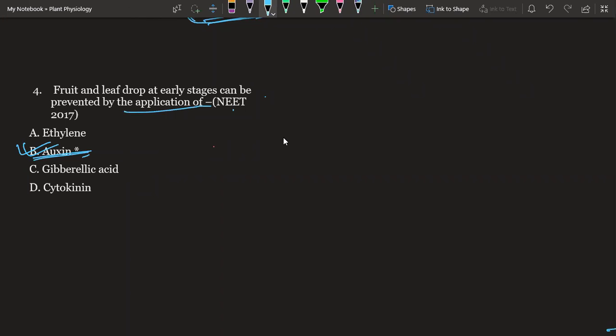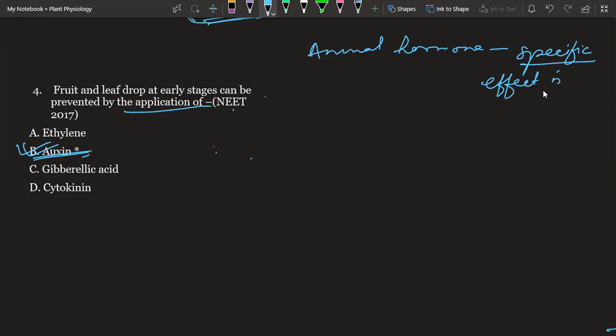In case of plant growth regulators and animal hormones, there is a major difference: animal hormones are very specific. Their effect is unique. One effect it will show.